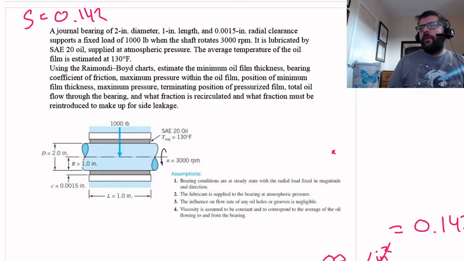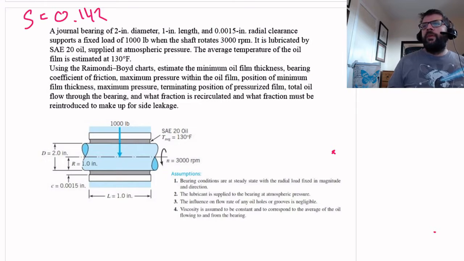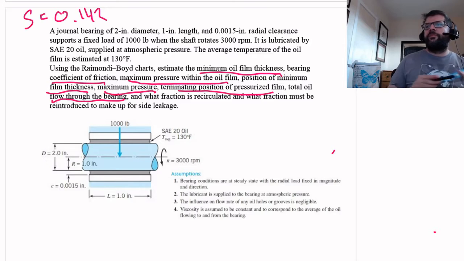So we are being asked to find the minimum oil thickness, the bearing coefficient of friction, the maximum pressure within the oil film, the position of that film thickness, the maximum pressure, that's the position of the maximum pressure, the terminating position of the pressurized film, and the total oil film flow through the bearing, and then what fraction is recirculated.